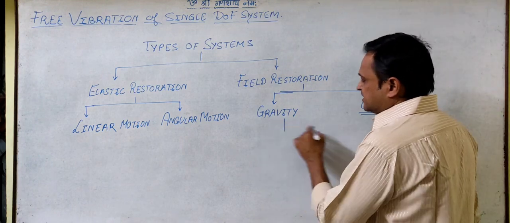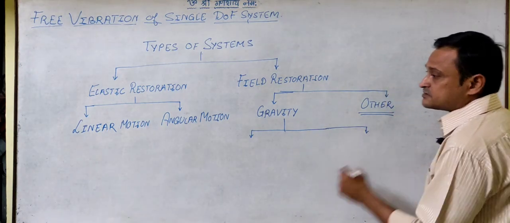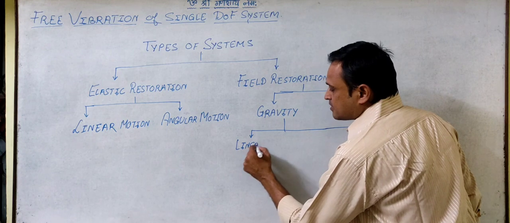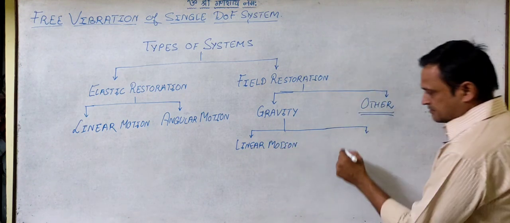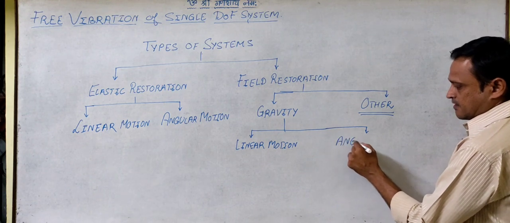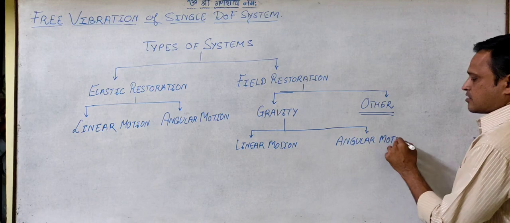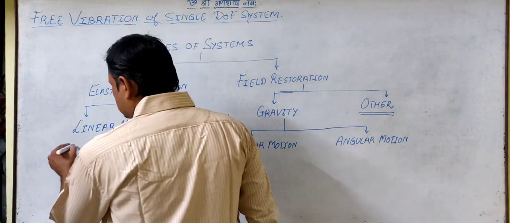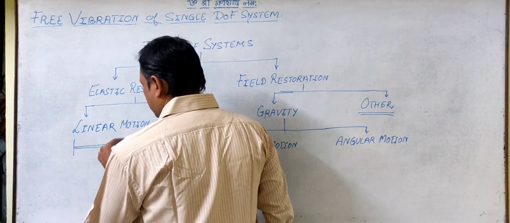Again, in gravity we can have a system with linear motion and angular motion.